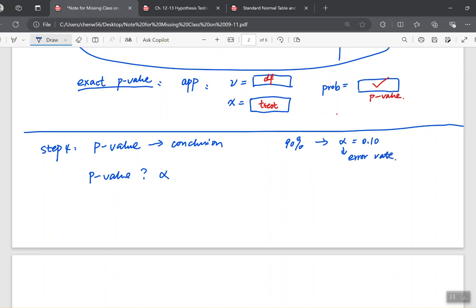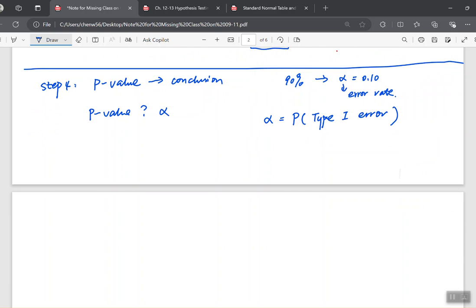It's the same idea here. Alpha is our standard, or the maximum error that we can allow in this hypothesis testing process. In more detail, alpha is the probability that we make the type 1 error.